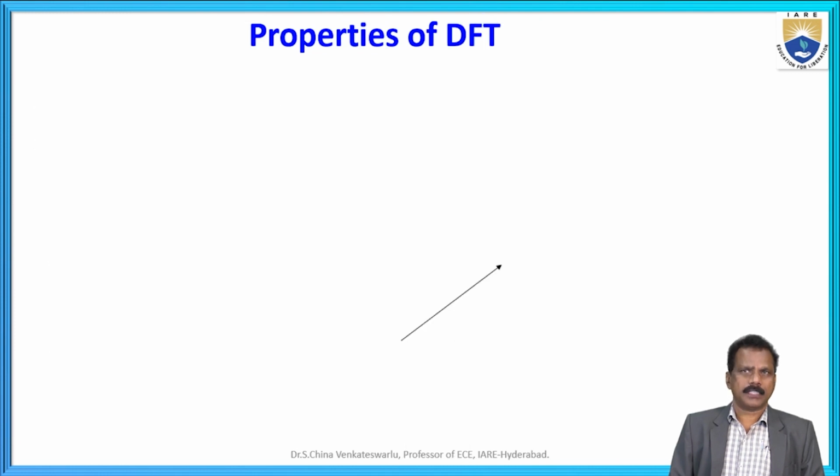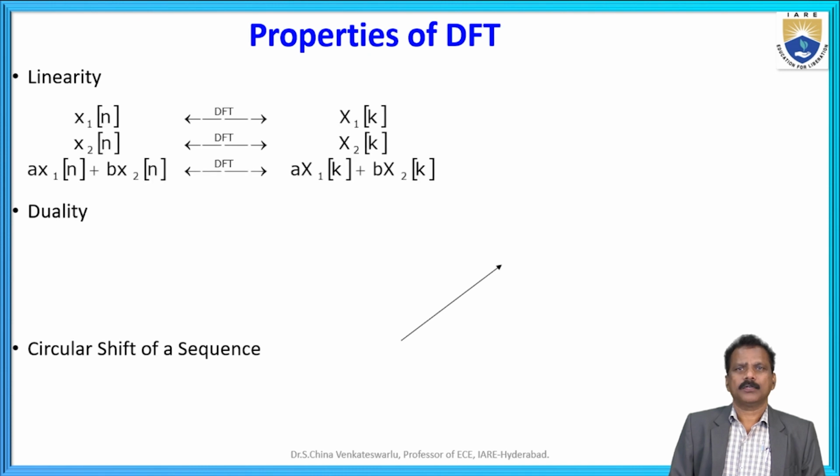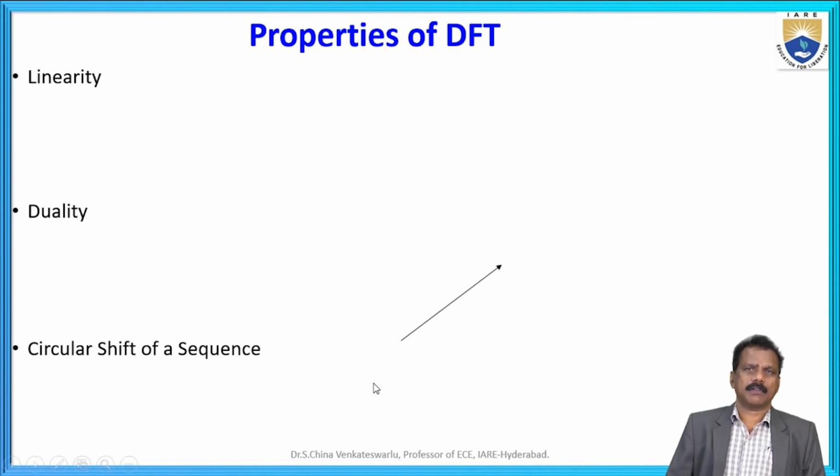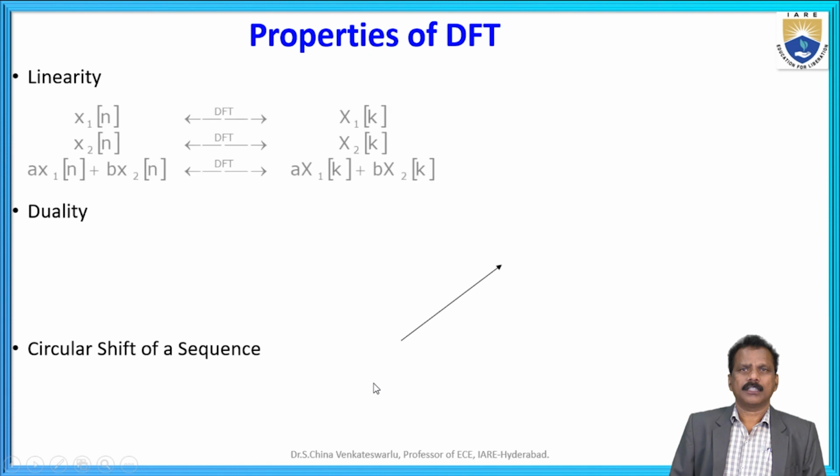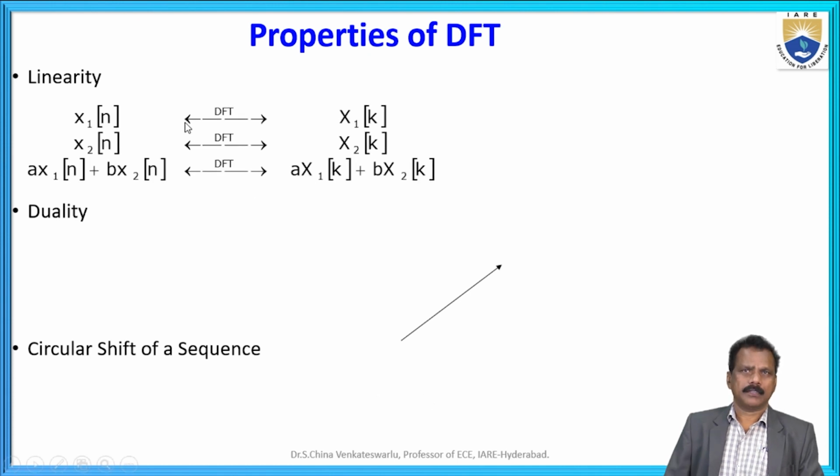The next property is linearity. We have already seen it, and here it is somewhat connected to duality. Where x1 of n has DFT x1 of k, x2 of n has DFT x2 of k, and a x1 of n plus b x2 of n has DFT a x1 of k plus b x2 of k.